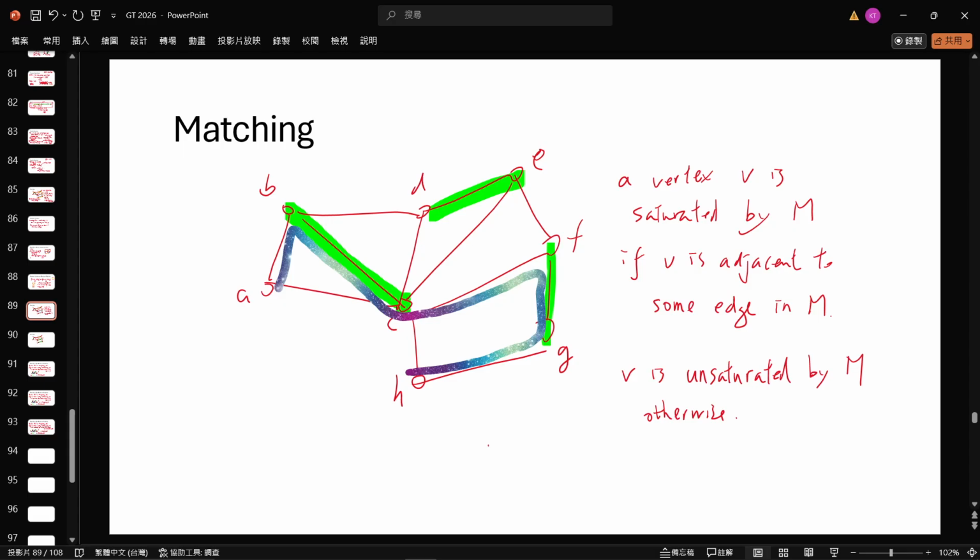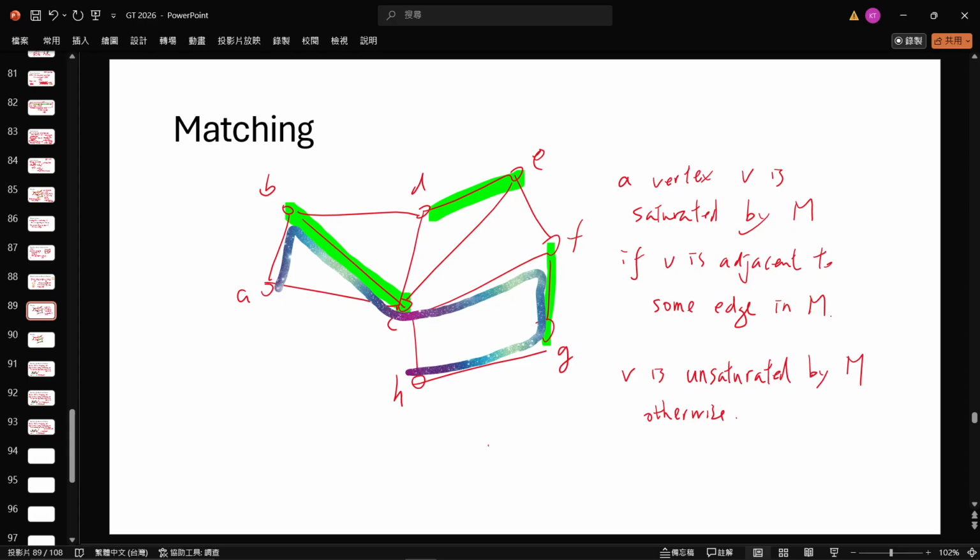So we have to start with some vertex that is not matched and make it saturated. Because the number of saturated vertices must be an even number, to find a larger matching you cannot just find one unsaturated vertex.